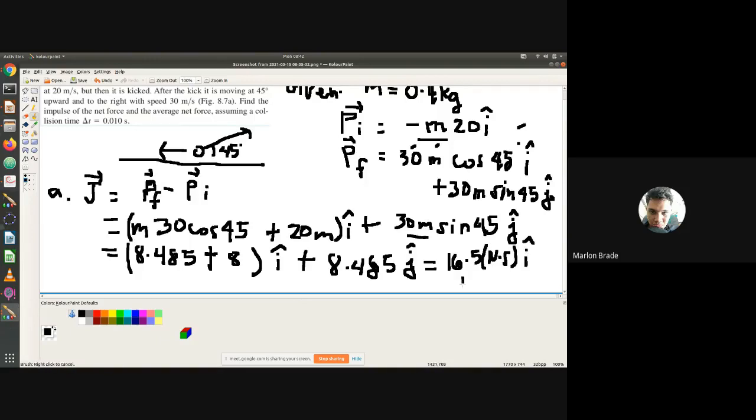So plus 8.485. I will rewrite that one. So plus ako na siyang imog 8.5. 8.5 Newton second ang unit. And the direction is along J hat. Okay? So muna ako ang impulse. So, next question?